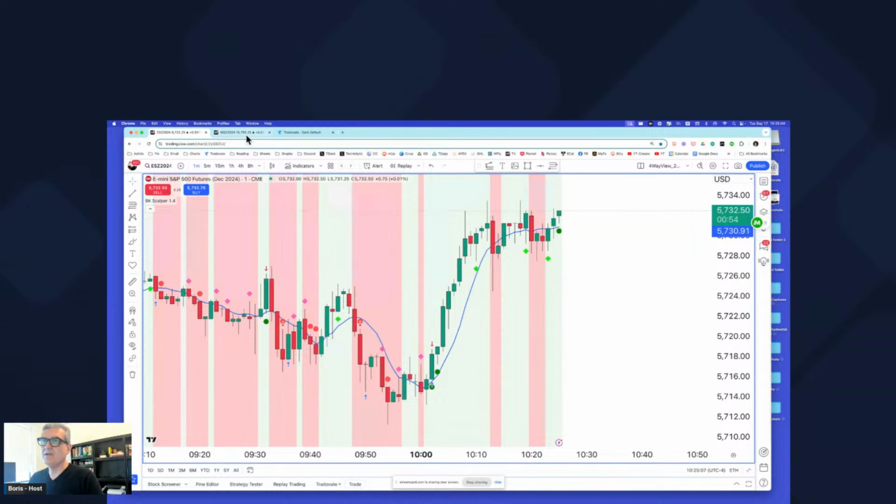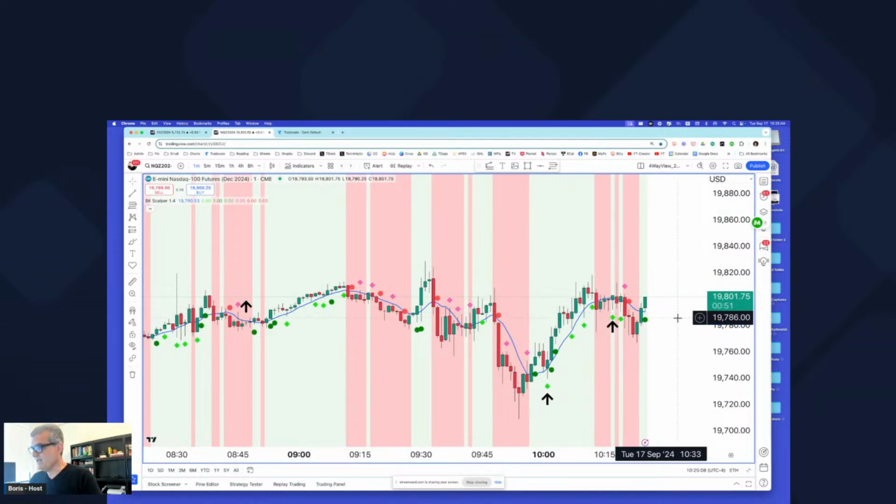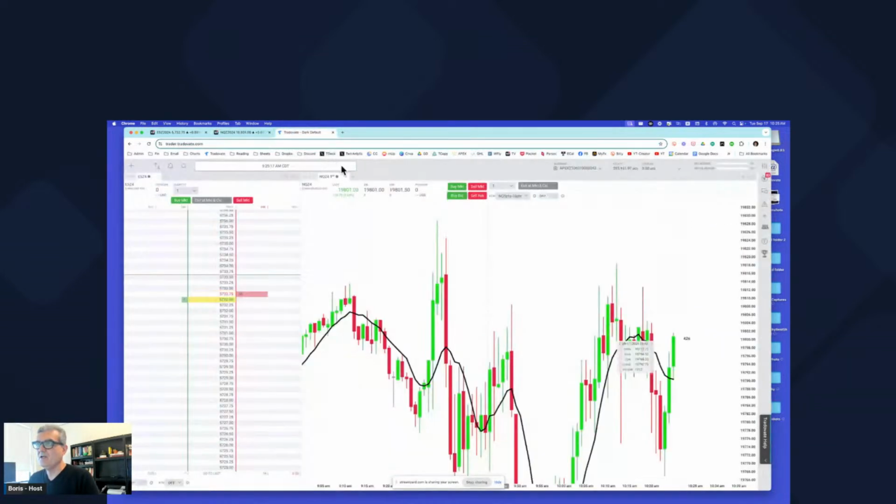In the meantime, NASDAQ. Where's NASDAQ? Is this a higher low than this one? I think it is. So NASDAQ actually is giving us a trade. If NASDAQ stays green here, we have a long setup in NASDAQ. So I'm just waiting patiently here in NASDAQ for the candle to close.